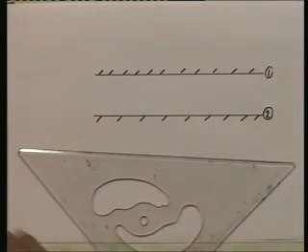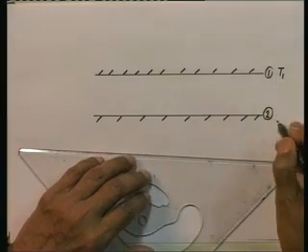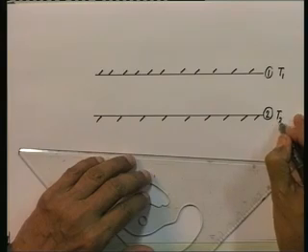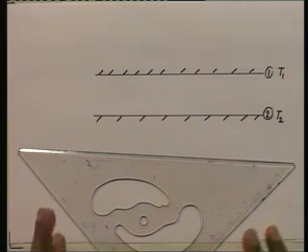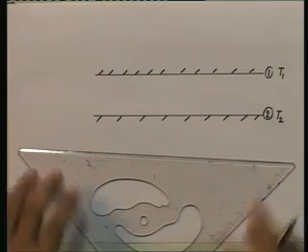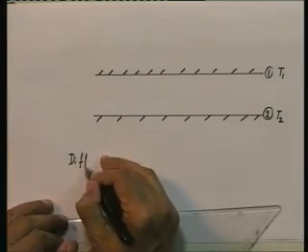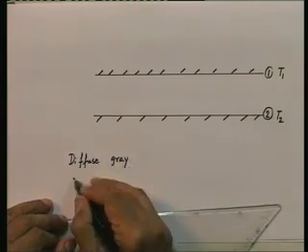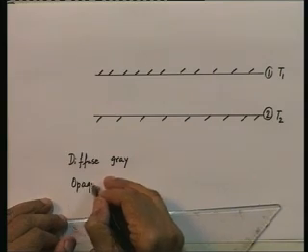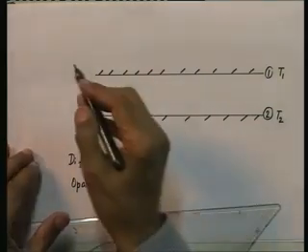And let us say that the surface 1 is maintained at a temperature T1, the surface 2 at a temperature T2. These are diffuse gray surfaces, and further let us say they are opaque surfaces.